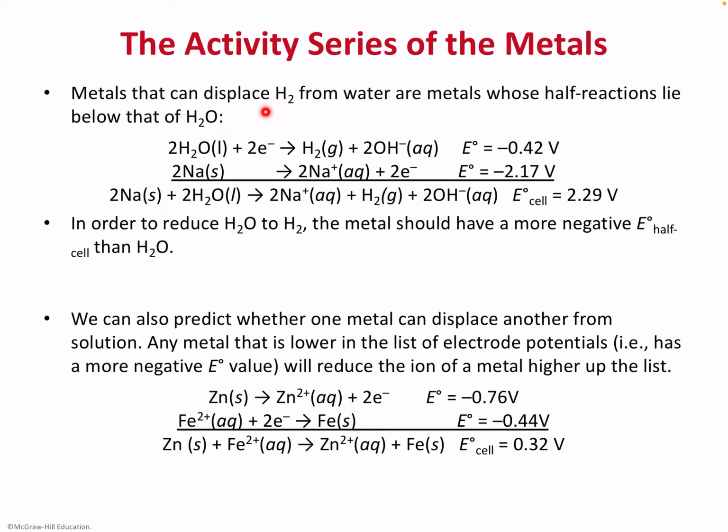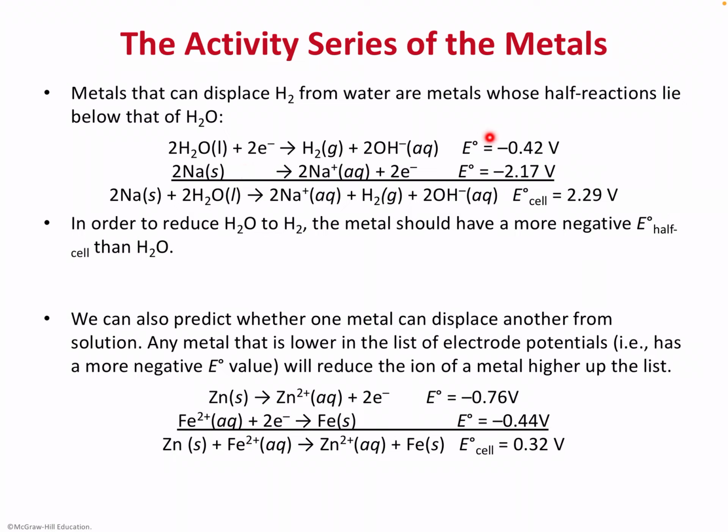Metals that can displace hydrogen from water. There are some metals, for example sodium, you put it into water, it can form sodium hydroxide and hydrogen gas. They are stronger. Metals that can displace hydrogen from water are metals whose half reactions lie below that of water, meaning they are going to be stronger reducing agents.